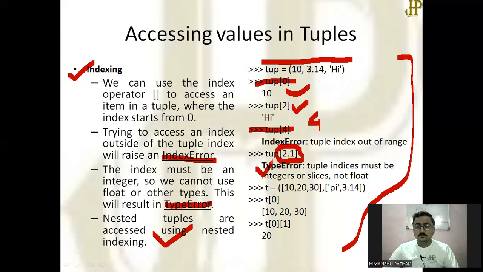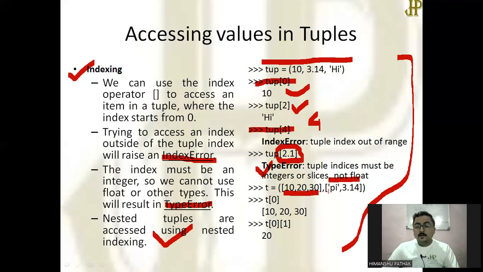Now, nested index. Here, there are two lists included in the tuple as the 0th element and 1st element. The 0th element is a list which has 3 sub elements 10, 20, 30.